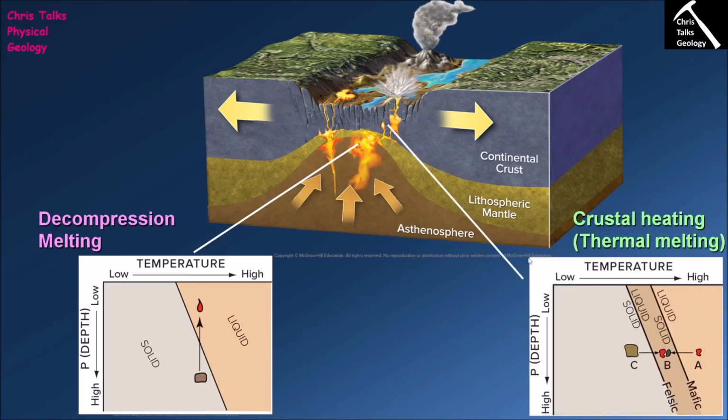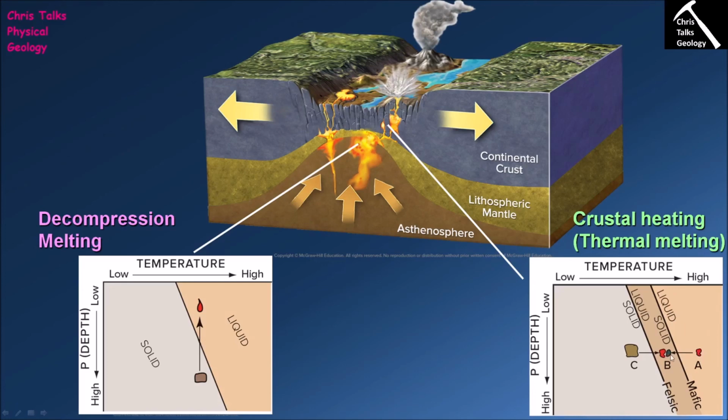So this diagram here is kind of summarizing the crustal heating process. So this is when we have our mafic magma heating up our continental crust. So what do we have? Well, we have our mafic magma here at point A. So this is a liquid. All right, and our liquid mafic magma is going to start rising up, and it's going to begin interacting with the continental crust, which is C. Now you'll notice the continental crust is in the solid field, and obviously the mafic magma is in the liquid field.